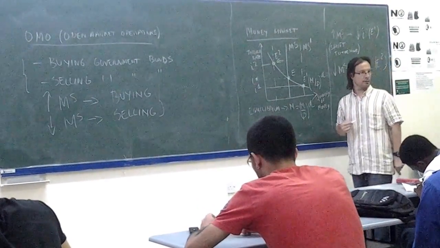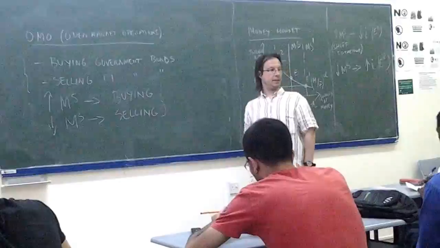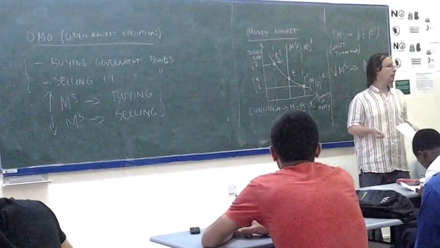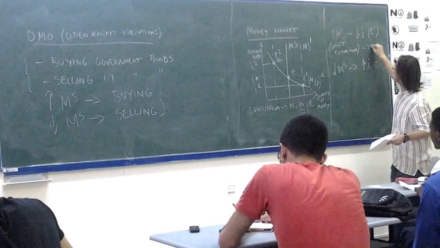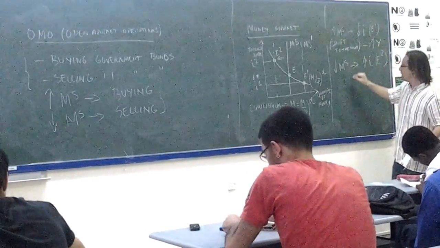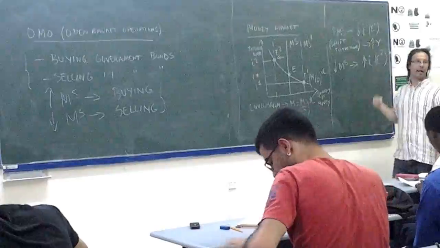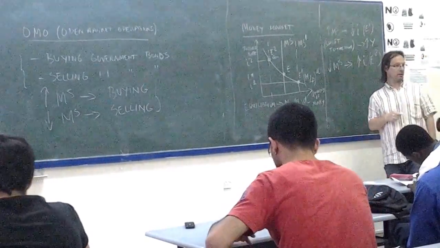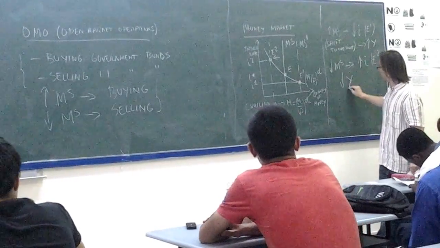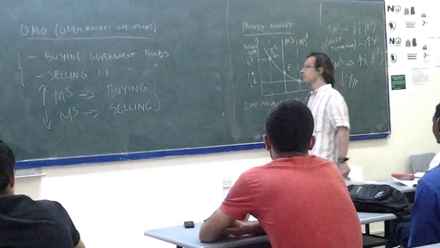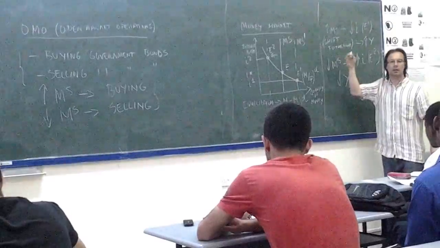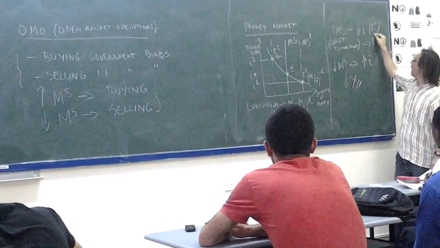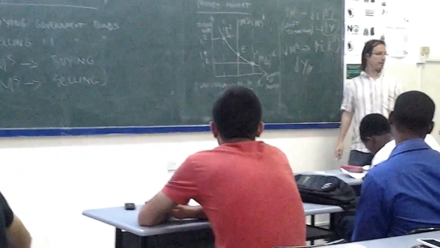Because we expect a negative relationship between the interest rate and the investment level. Whereas by increasing the interest rate, we will discourage investment, and this is going to decrease the output level. That's what is called expansionary monetary policy. The idea is to increase the level of economic activity.